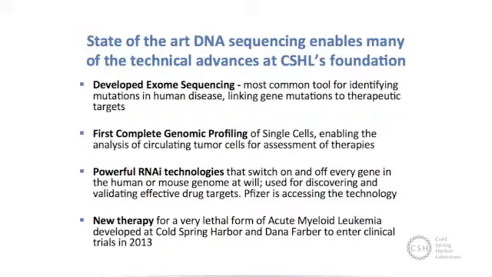Not each cell in the tumor is the same, and those differences have potential impact for understanding cancer and also for therapy. The RNAi technology, as I mentioned, really requires the sequencing technology to make it happen. And then, counting molecules in the work that Bruce talked about from Chris's lab, being able to count molecules at will and very effectively was an important part of that project as well.